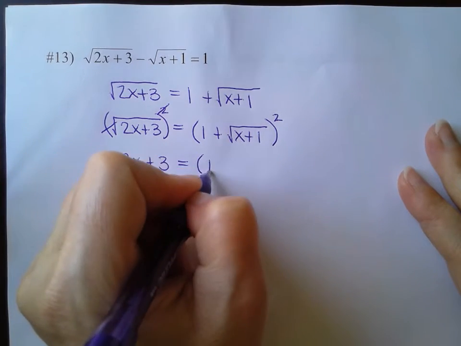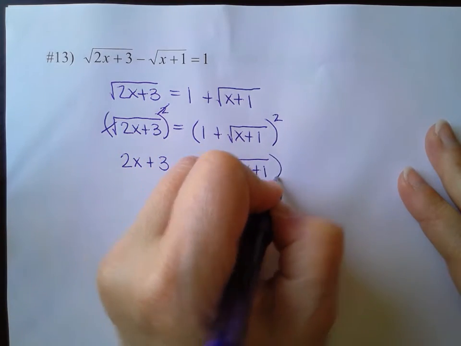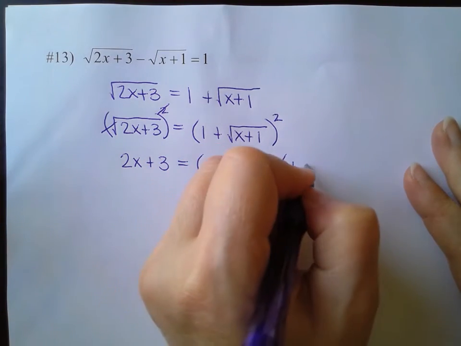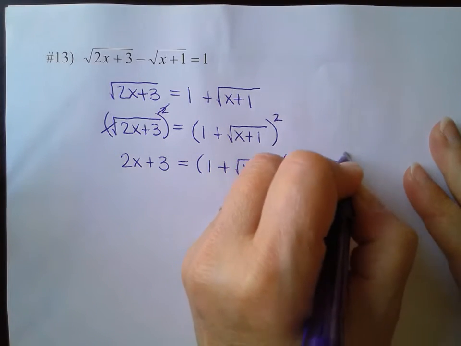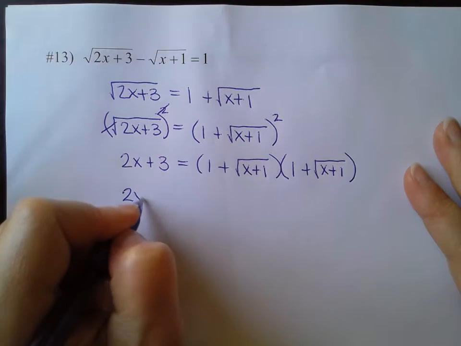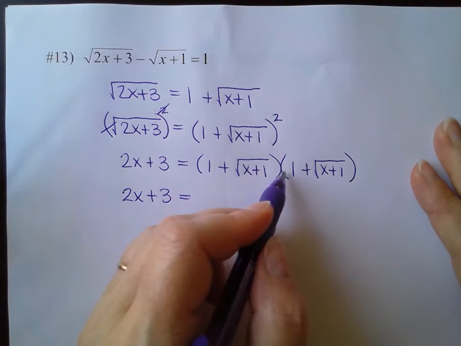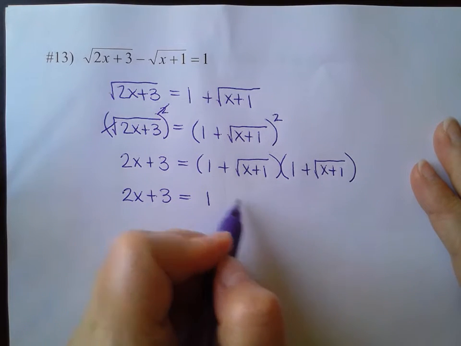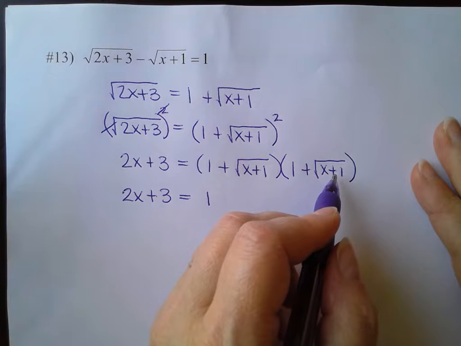On the right, I want to expand this, so I want to FOIL 2 copies of what I have together. That's going to take a little bit of work, but we can do it. Okay, so the first times the first, the outside would be the square root of x plus 1.